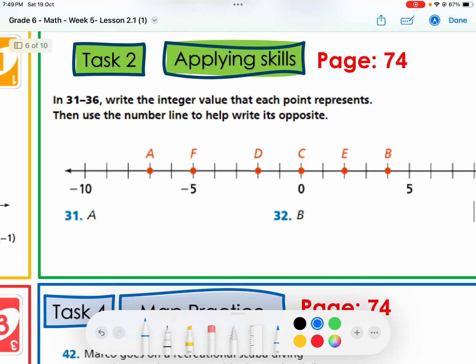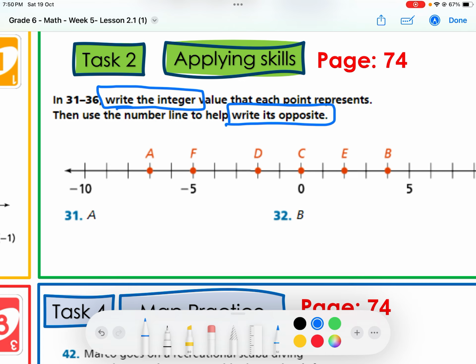Now, coming to task 2, they could be asking you guys to write the integer for each value, for each letter, and then write its opposite. So please read the question carefully. Find the integer and then write its opposite. So we got letter A. What will be the integer for letter A?